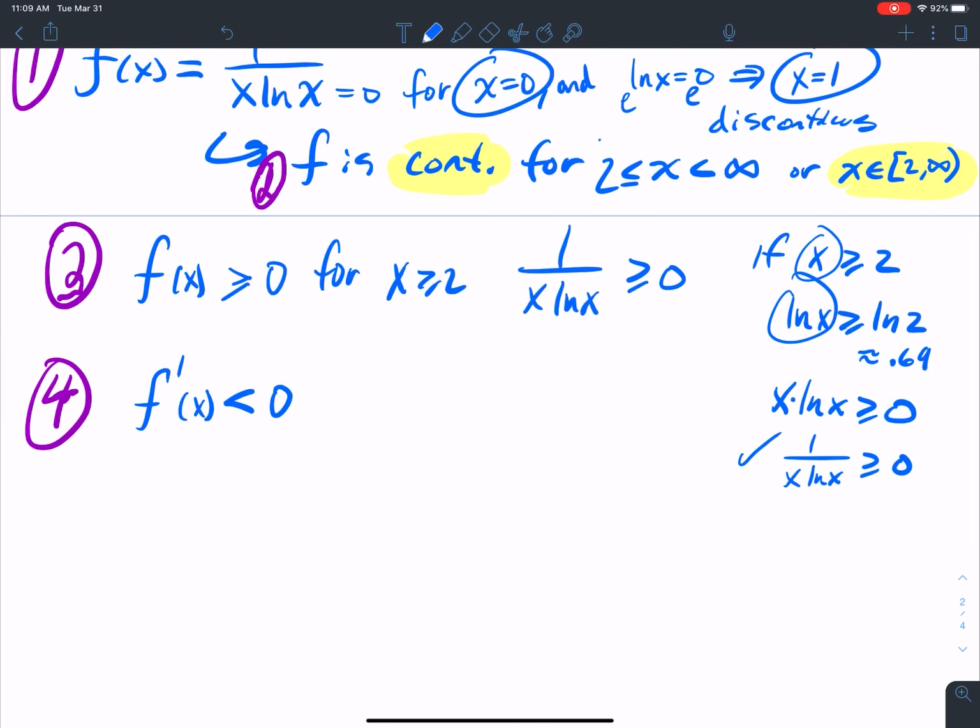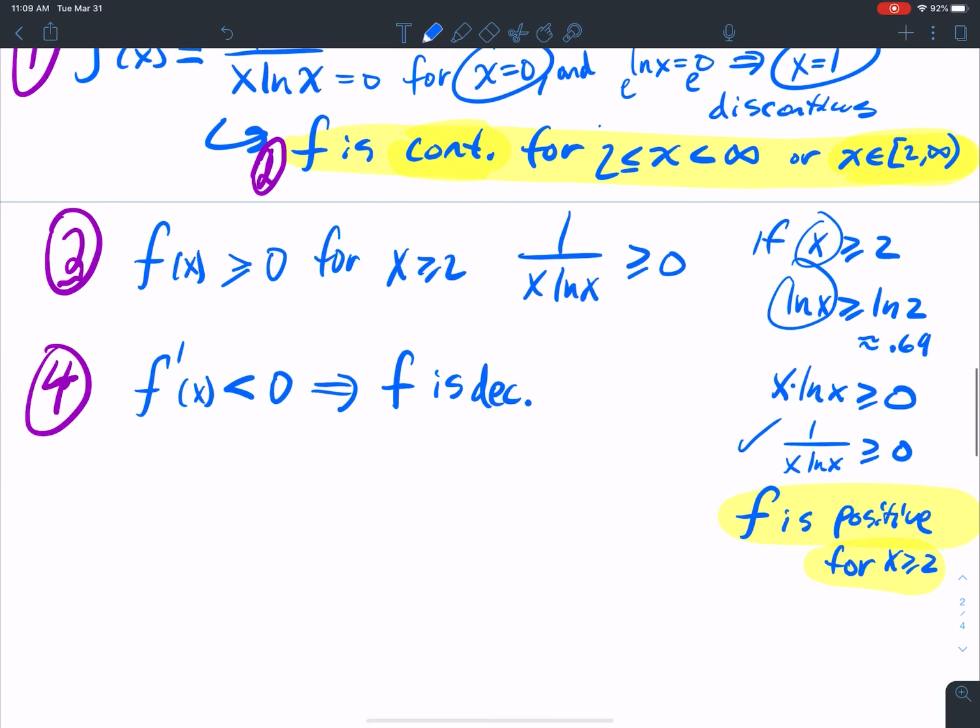If f prime is less than 0, that tells me that f is decreasing. So I just proved that over here f is positive for x greater than or equal to 2. I forgot to write that down, so make sure not to be like me and forget to write that.